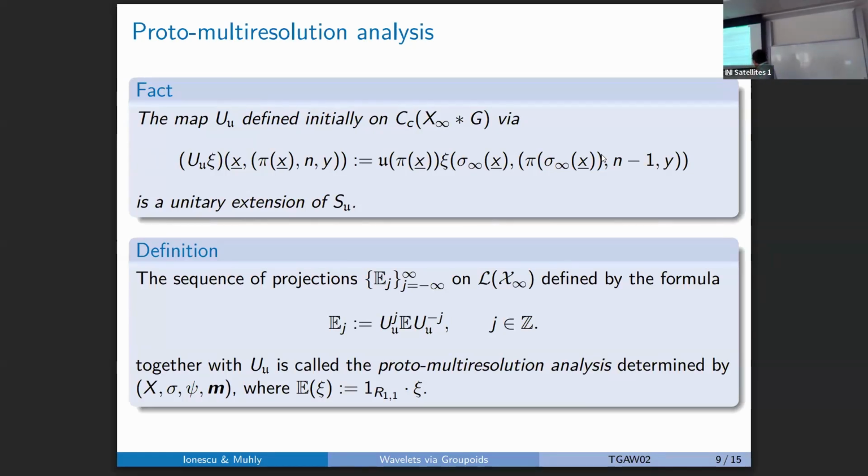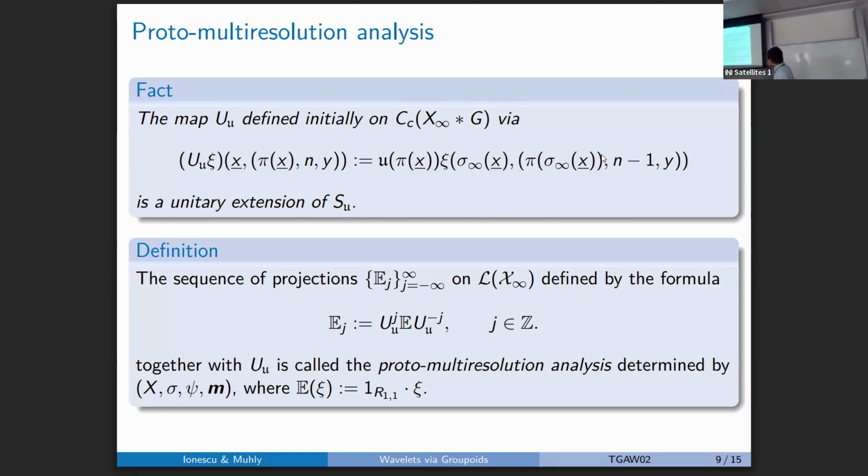here. For the second one, again, I take another set R11, so equivalent sigma of X equals sigma of Y, that using the diagonal groupoid, but it can be the C*-algebra of the diagonal groupoid. It can be embedded into the C*-algebra of the full G infinity, and that acts on the left on this C*-correspondence, and this will define a projection, and then we define a sequence of projections by moving around this E by this unitary.